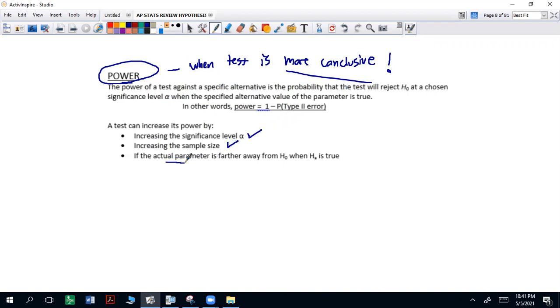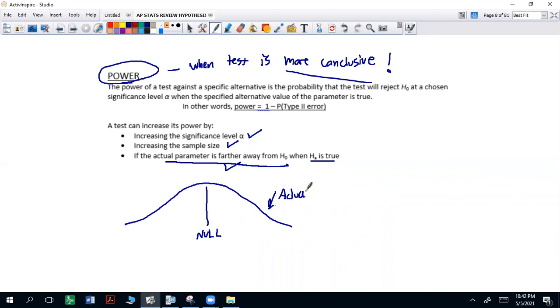If the actual parameter is farther away from the null, when the alternative is true, it's a powerful test. So just think logically here. If you have a null hypothesis of whatever, and your actual parameter is out here, and you conclude out here, yay, I've concluded out here, then it's powerful, right?